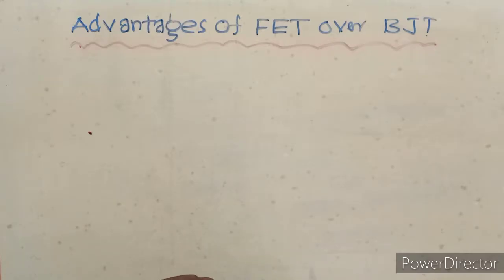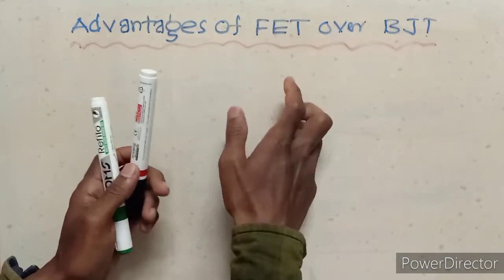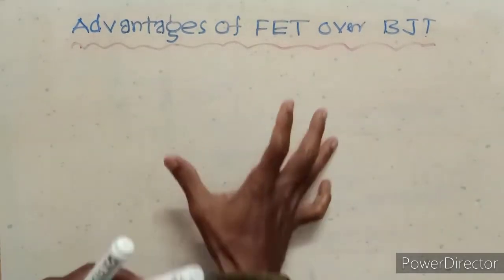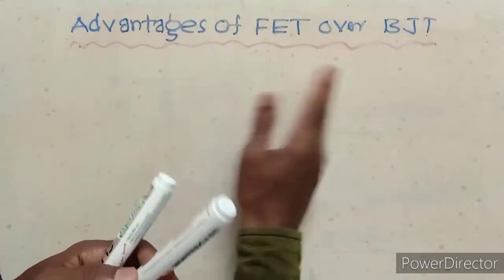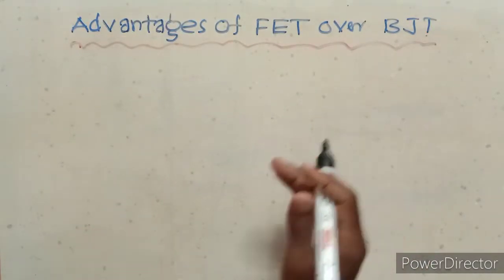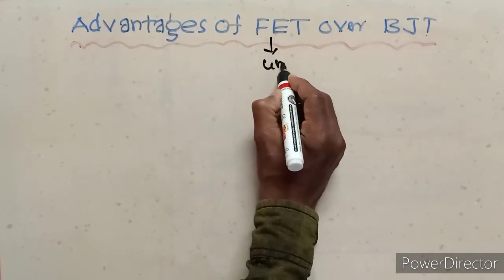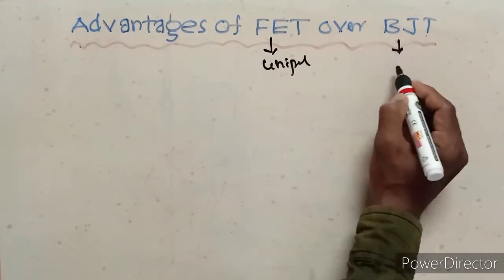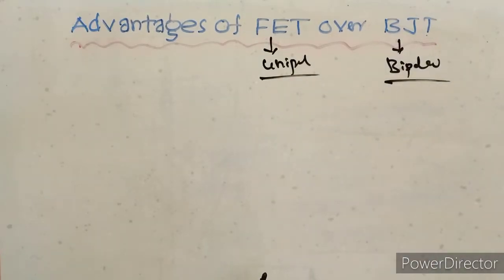Students, now we are going to discuss advantages of field effect transistor over BJT. So it means differences between field effect transistor and bipolar junction transistor. This is the unipolar device, this is the bipolar device.